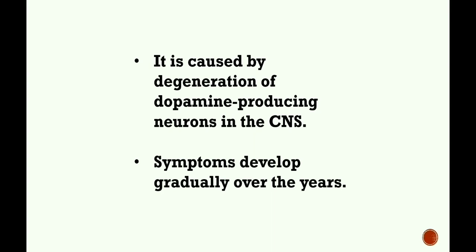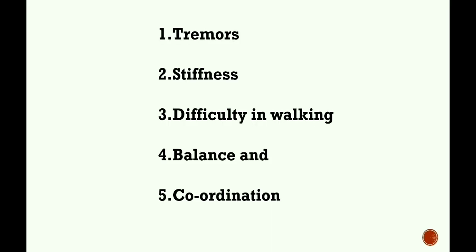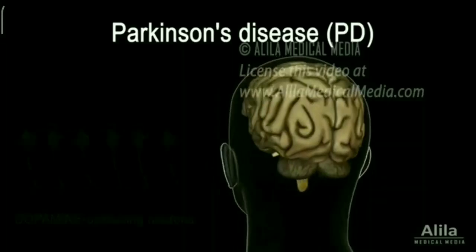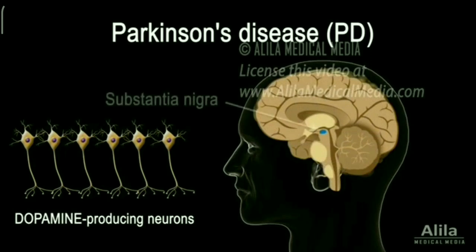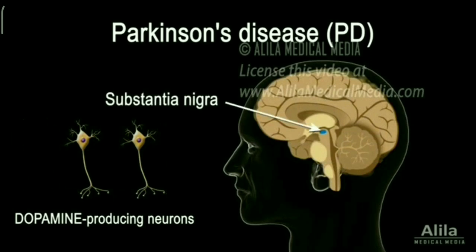It takes a long period of time to develop symptoms for Parkinson's disease. Some symptoms are tremors, stiffness, difficulty in walking, balancing of the body, and coordination of the body. It occurs due to degeneration of dopamine producing neurons in the central nervous system.